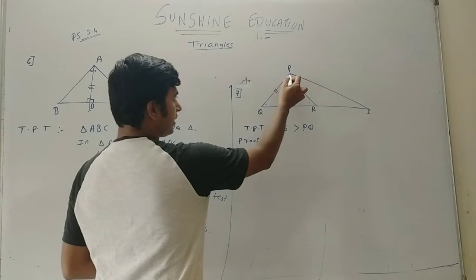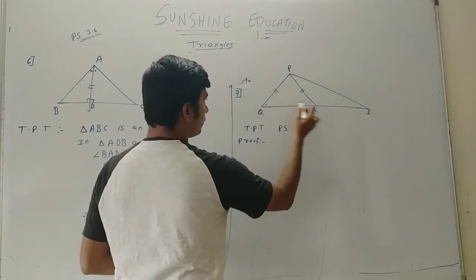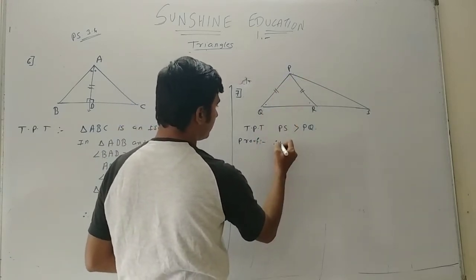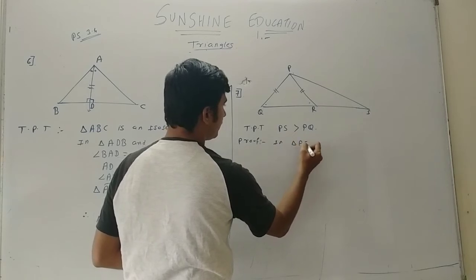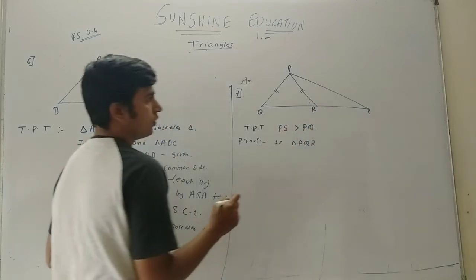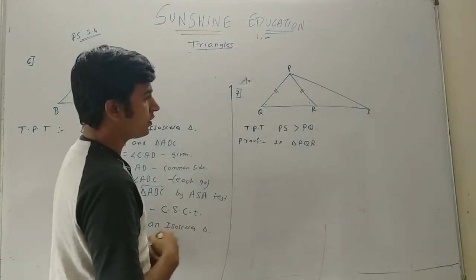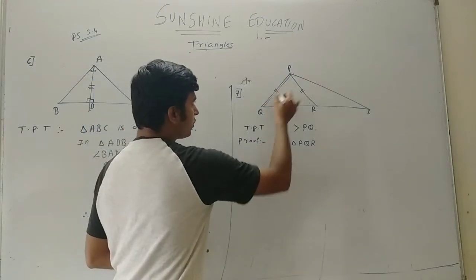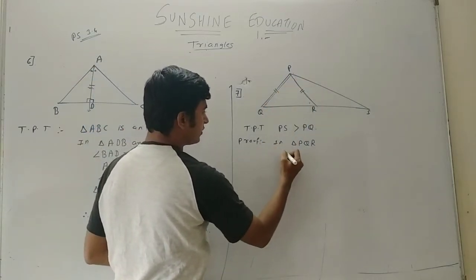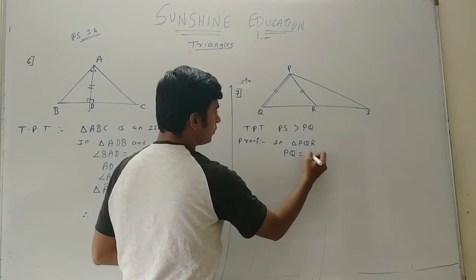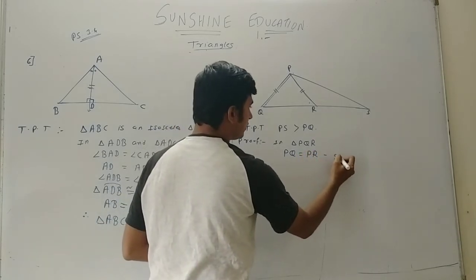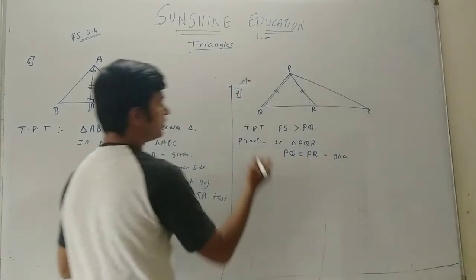In triangle PQR, can I say that PQ is equal to PR? Yes, PQ is equal to PR, which is given. This is a very important question.